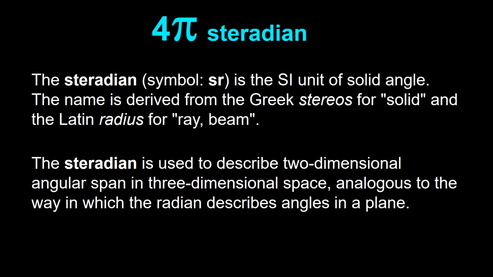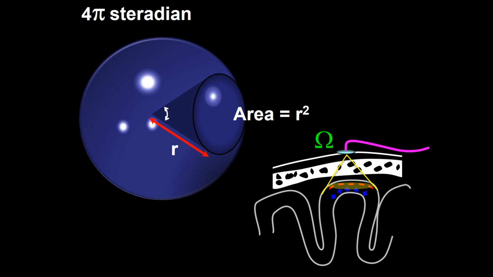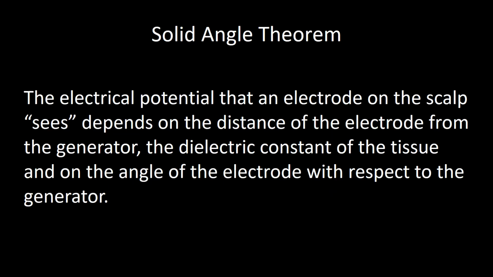So the maximal solid angle that can be subtended from one point or from an electrode is 4 pi steradians. Knowing this, we can say that the area subtended by an electrode, here represented in yellow, can be expressed as a portion of the surface area of a sphere or as a portion of 4 pi steradians. Understanding these considerations allows us to understand the theory behind the solid angle theorem.